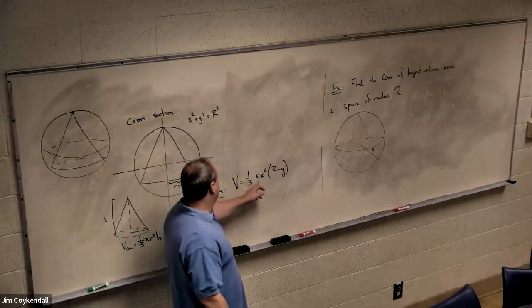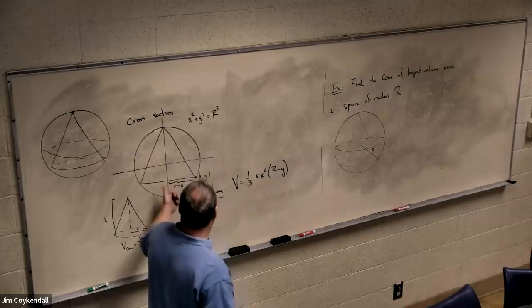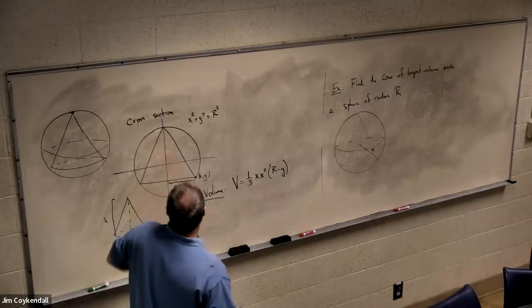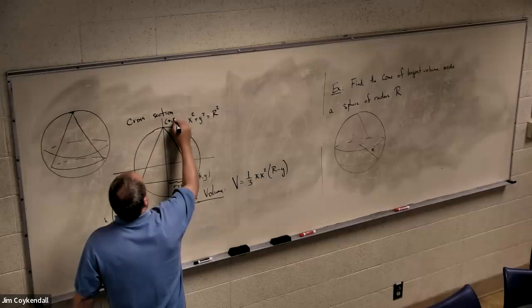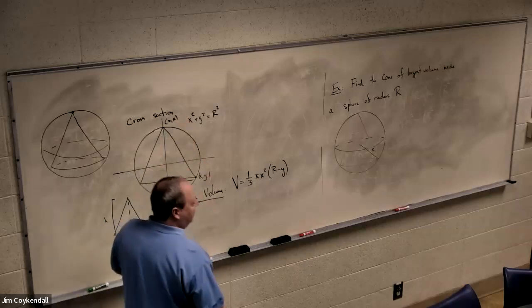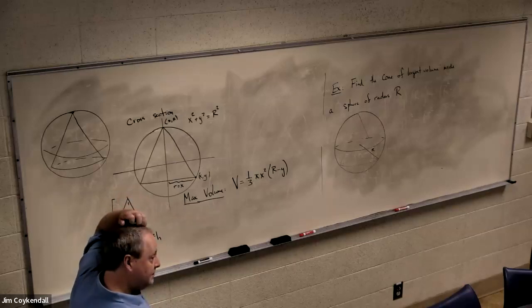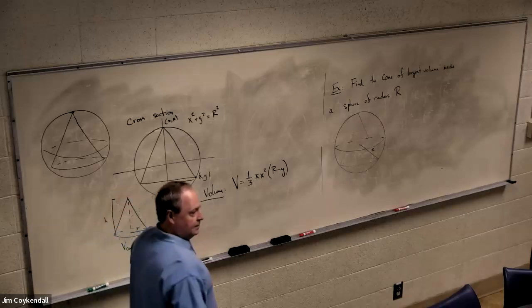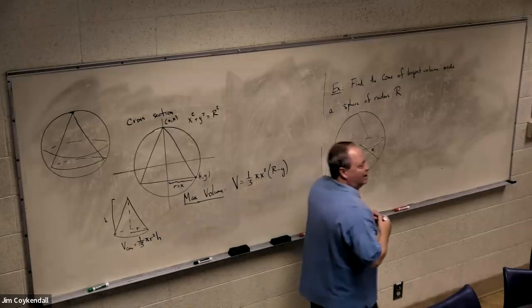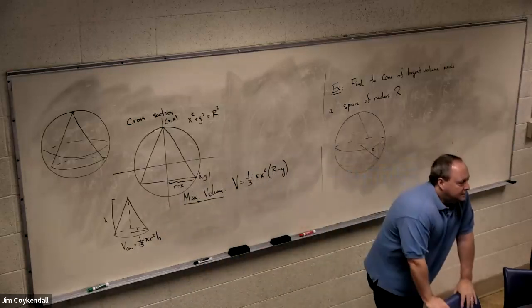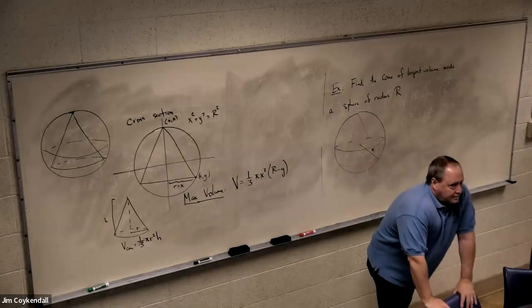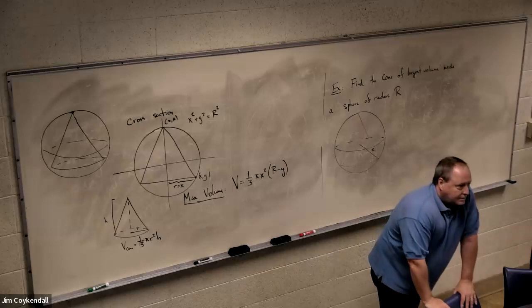So it's 1/3 pi x squared, there's your circle part, times the height, which is r minus y, just like here. Everybody okay? Questions?